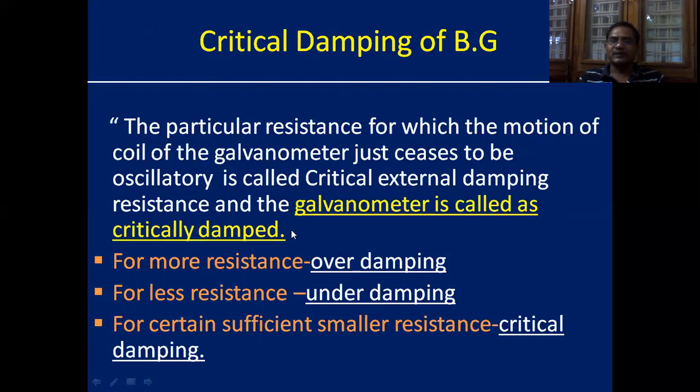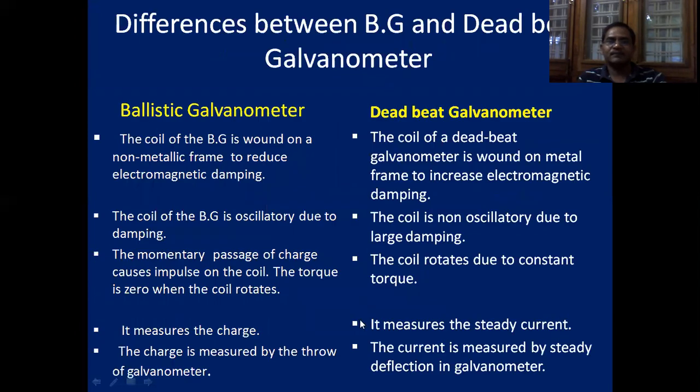So here three conditions are there. For more resistance of the circuit, over damping. If the resistance of the circuit is less, under damping. For a certain sufficient resistance, the galvanometer ceases to be oscillatory. That condition is called critical damping. Okay, so this is critical damping.